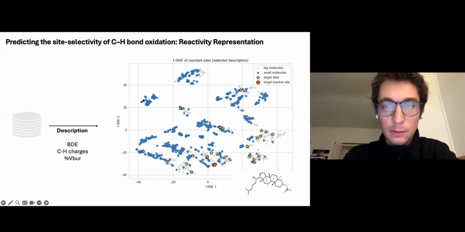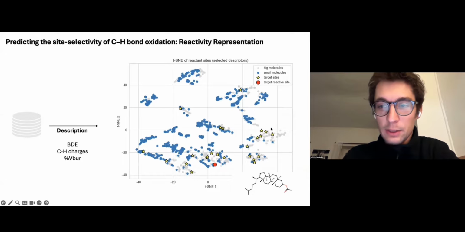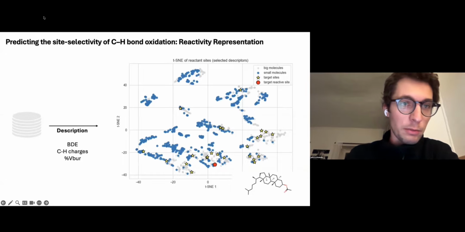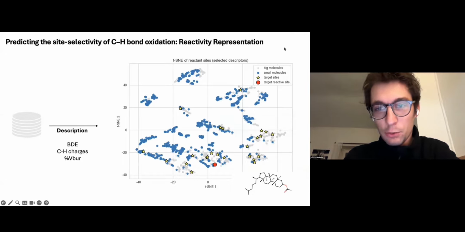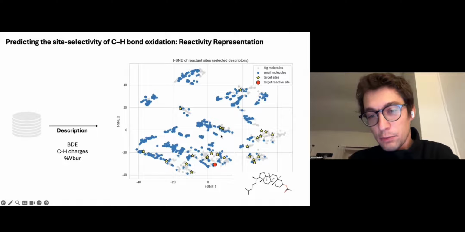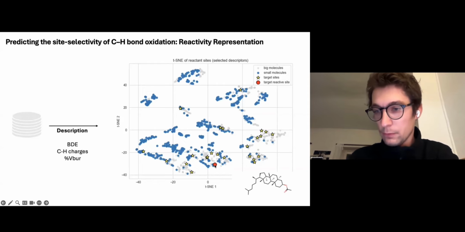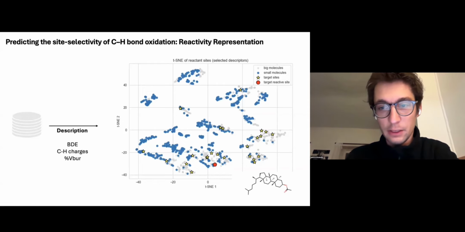As you can see, you have some small molecules that are very far away from what we want to predict, and you have some sites where we have very low representativity. So the question is, how do we select the blue points here that allow us to make the best prediction on the target, which are the stars, and the red point being the site that is effectively reactive.